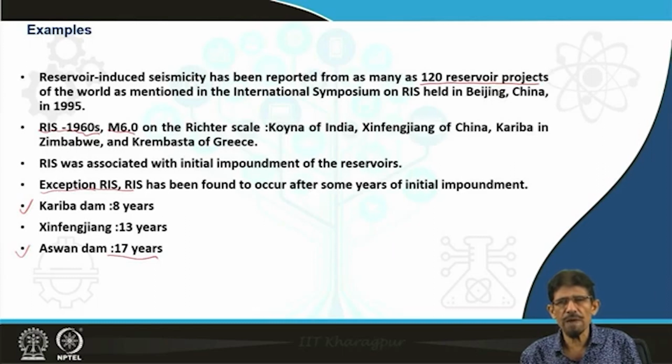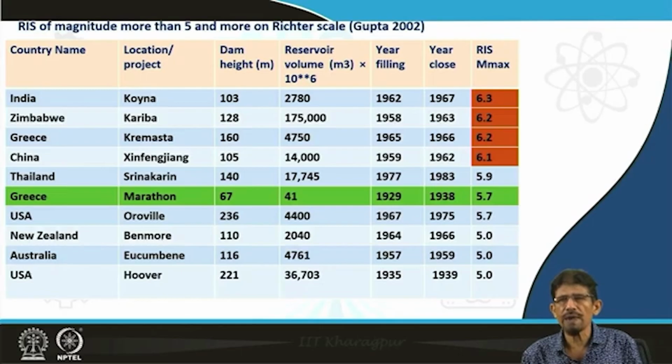Based on such type of time dimension and others, we can conclude that RIS occurs generally with magnitude ranging from 4 to below 7, and generally occurs during the impoundment of water or release of water, and then after release of water, after 1 year, 2 year, 3 year, 4 year we have minimum data, then 5 year.